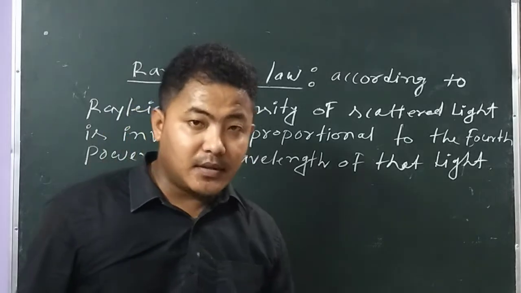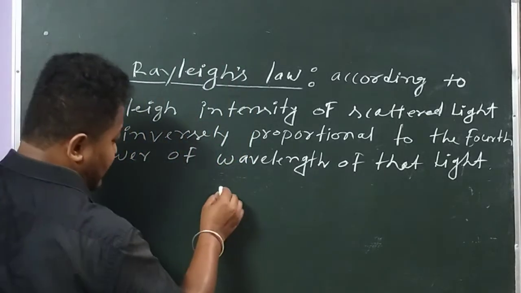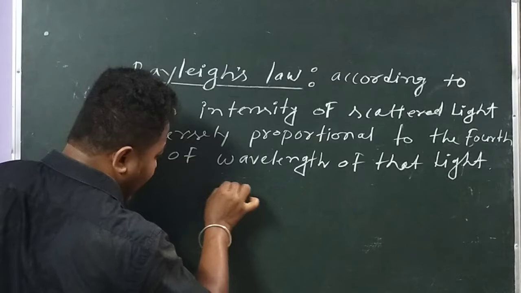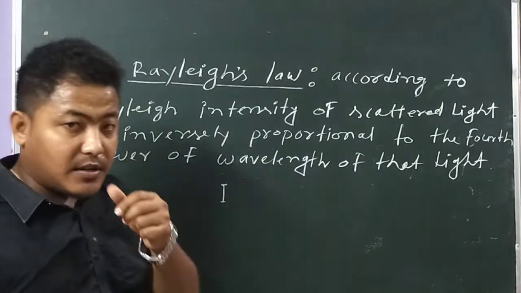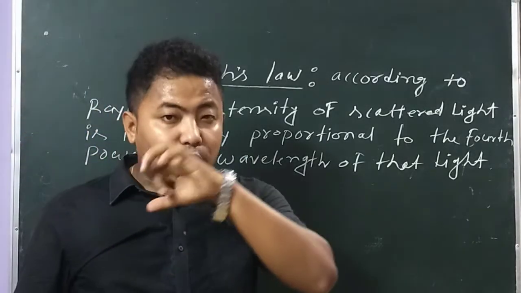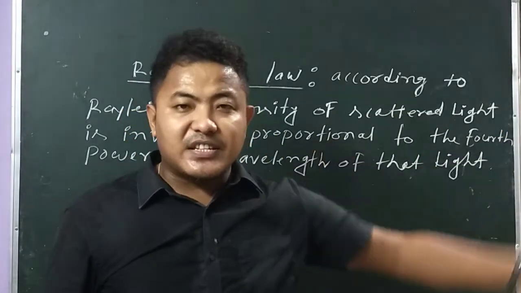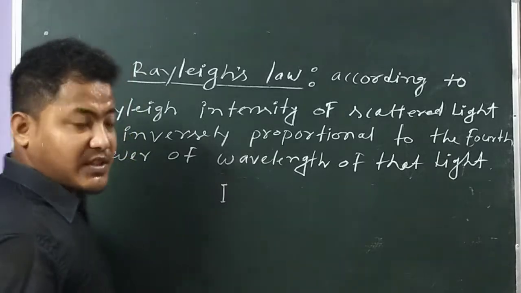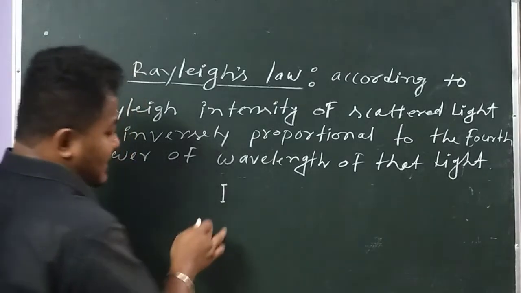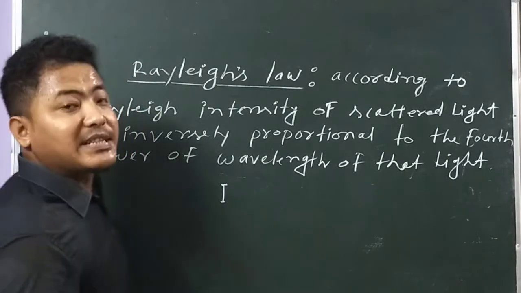So we can express this as: if I is the intensity of scattered light, intensity means at what rate it is scattered, how much more it can scatter. This is called the intensity of scattered light.